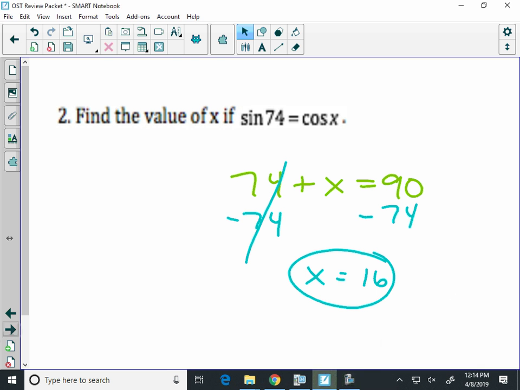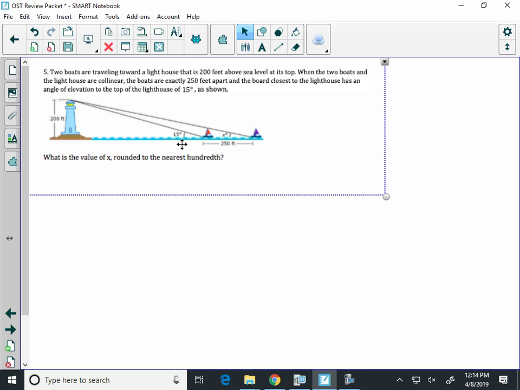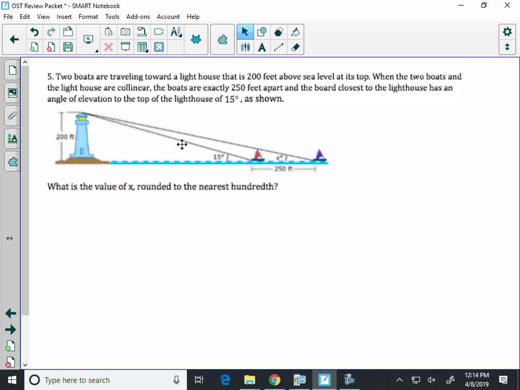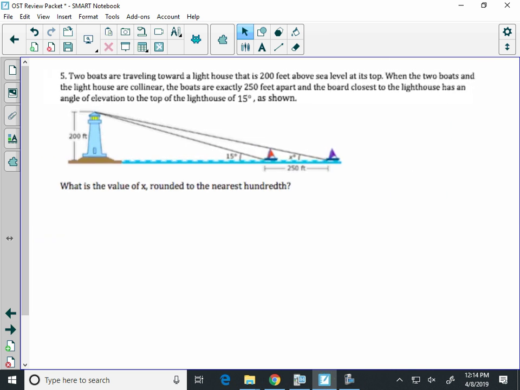Okay. So last one. Last one says, two boats are traveling toward a lighthouse that is 200 feet above sea level at its top. When the two boats and the lighthouse were collinear, so what does collinear mean again?